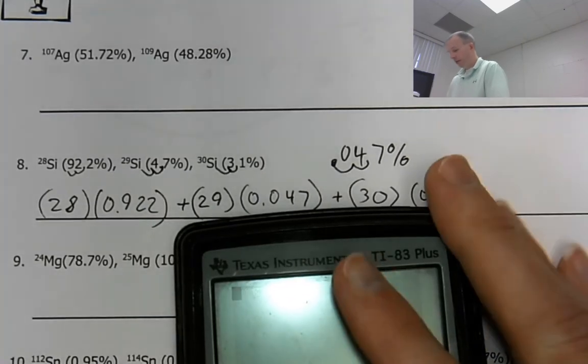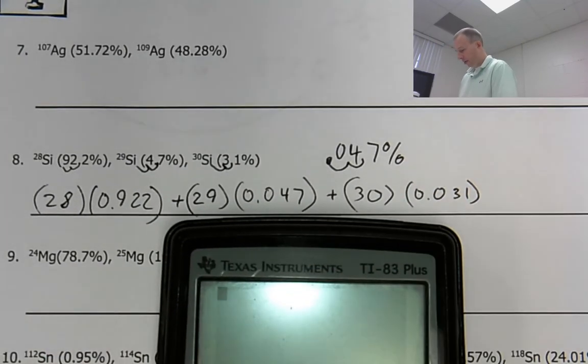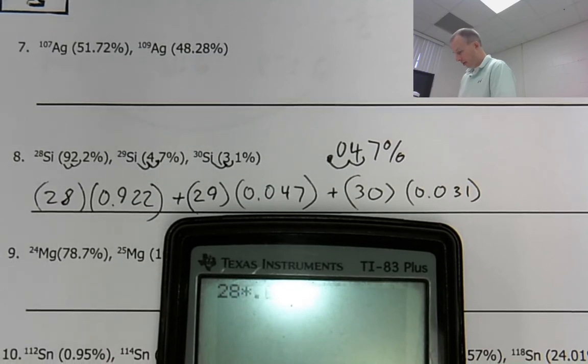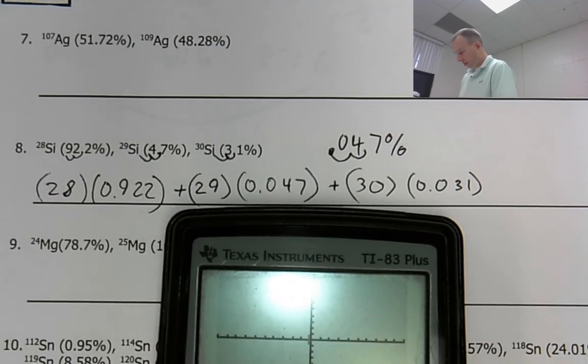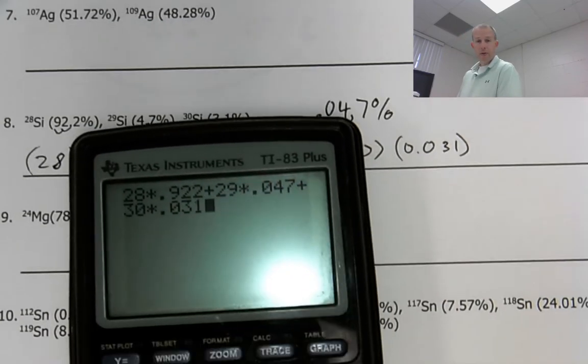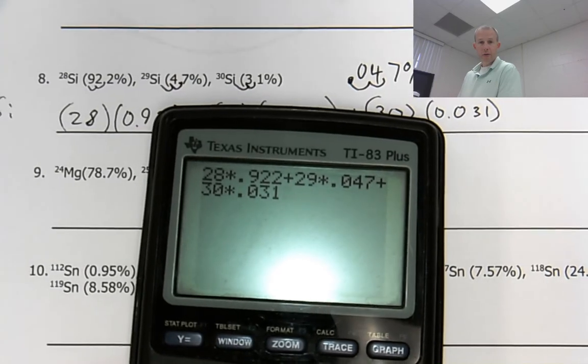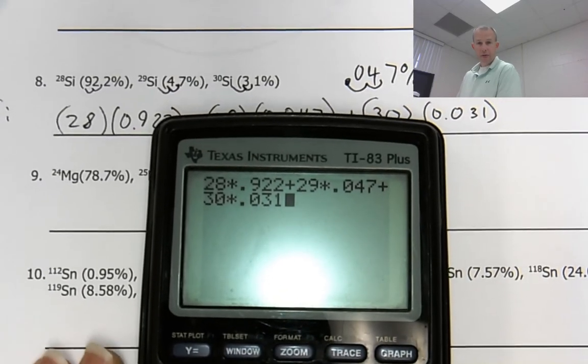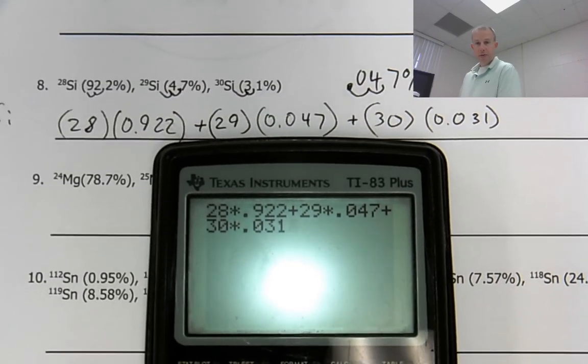And it's just a matter of doing all this. So 28 times 0.922 plus 29 times 0.047 plus 30 times 0.031. There's the calculation typed in.